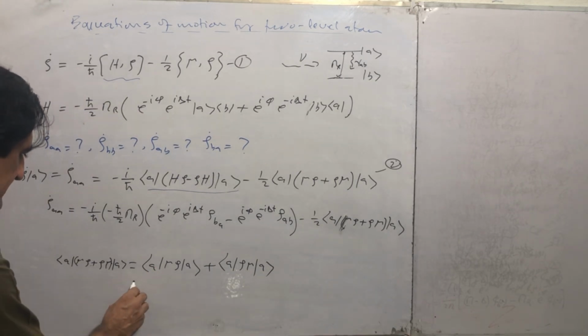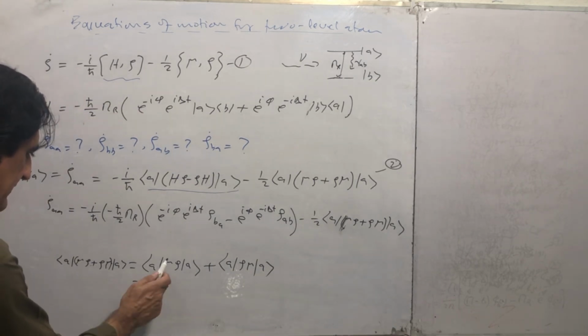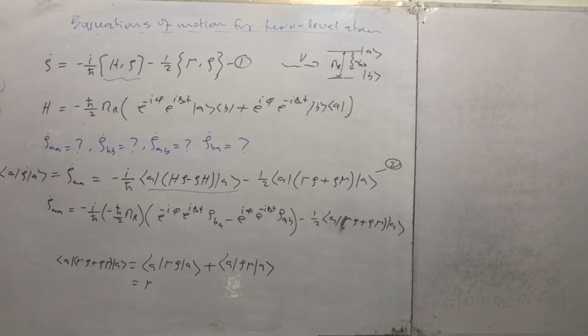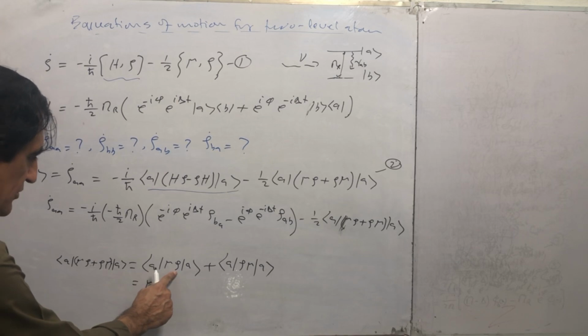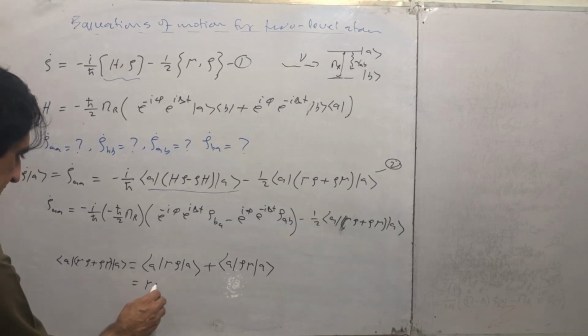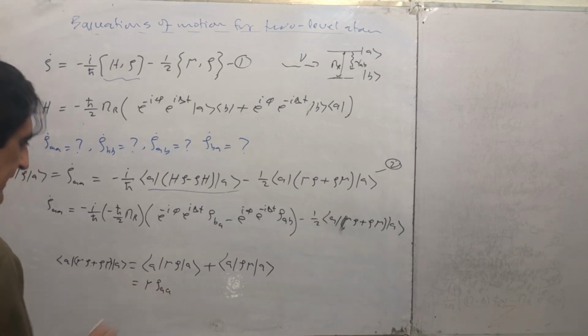If we take Γ outside, then we have this state, ρ and this state, then it means that this is ρ_AA.